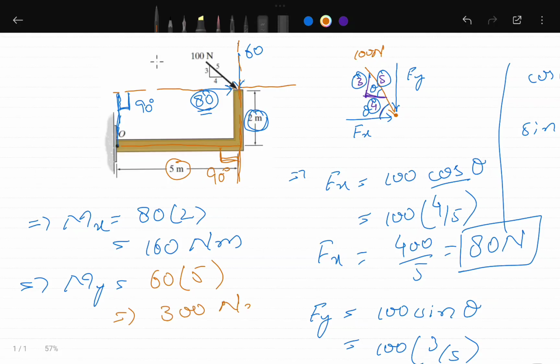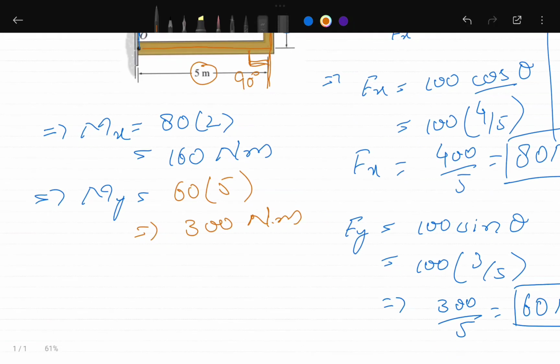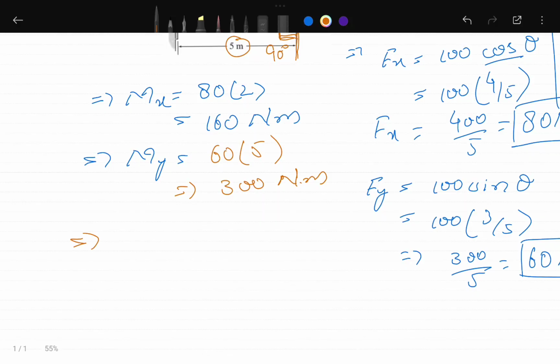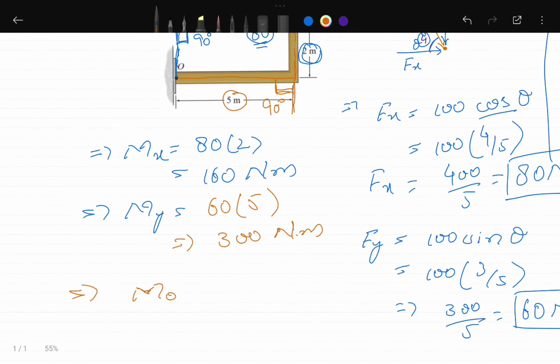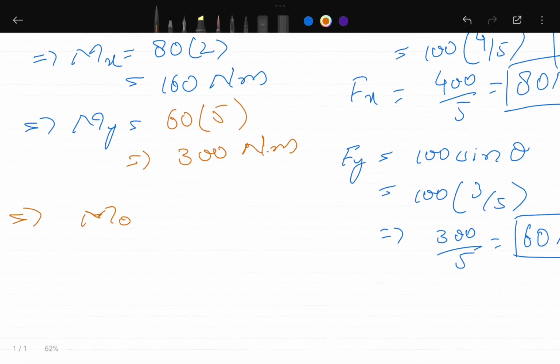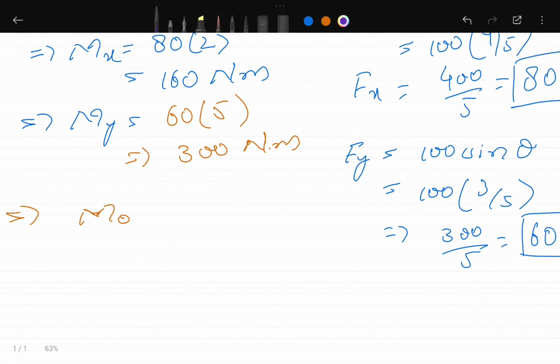Again using Varignon's theorem, the moment about point O will be equal to the moment due to the X force plus the moment due to the Y force. So we get 160 plus 300.